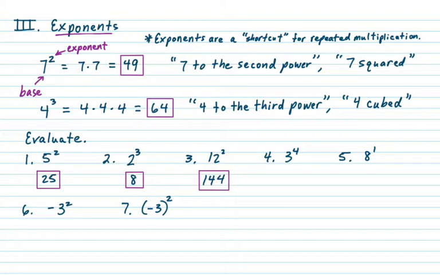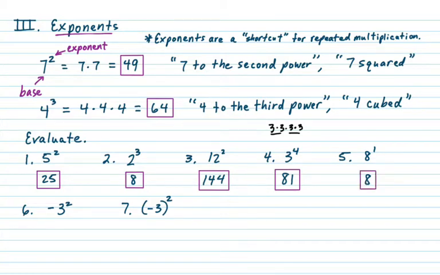You should know you're up to your 12s at least, hopefully, in your multiplication table. 3 to the fourth, if you multiply 4 3s, 3 times 3 times 3 times 3, you should get 81. I just want to mention that probably the easiest way to do this is to pair up the 3s. 3 times 3 is 9, so this is really 9 times 9, or 81. Anything to the first power is itself, so 8 to the first power is 8.